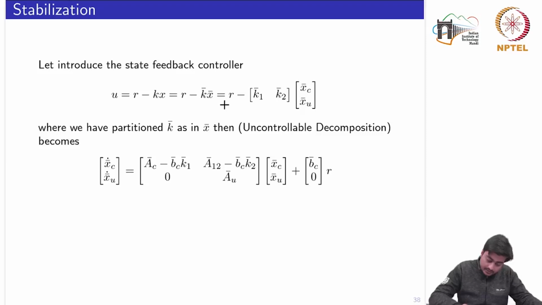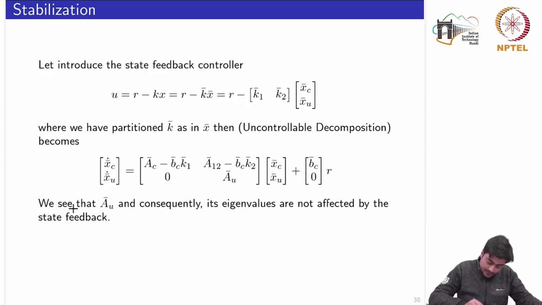After applying this u to this decomposition, we obtain this closed loop system, where K1 and K2 are only added to the first block row of this decomposition. So here we see that the matrix A U bar and consequently its eigenvalues are not at all affected by the state feedback. We are only able to affect the eigenvalues of the controllable part.